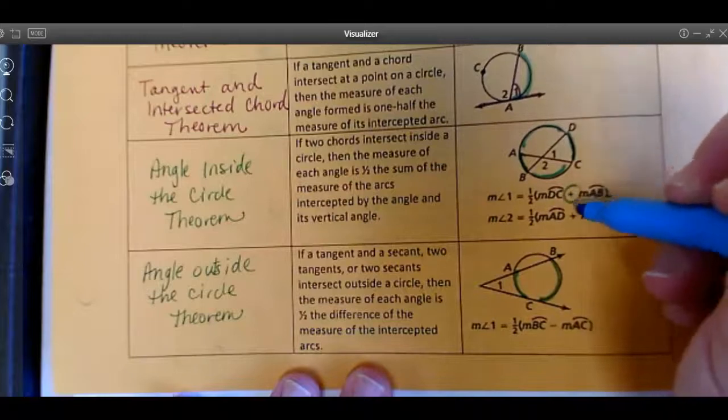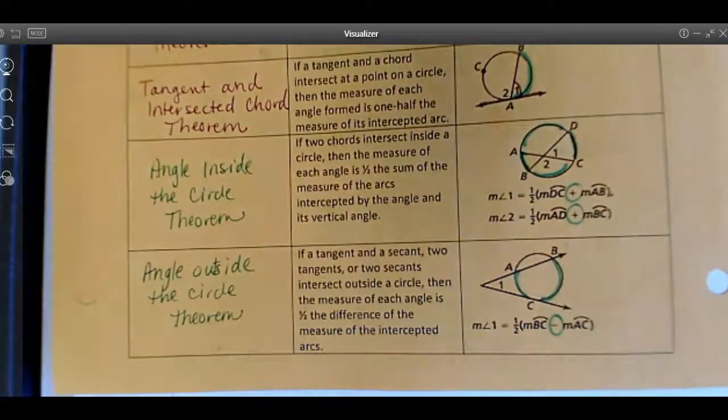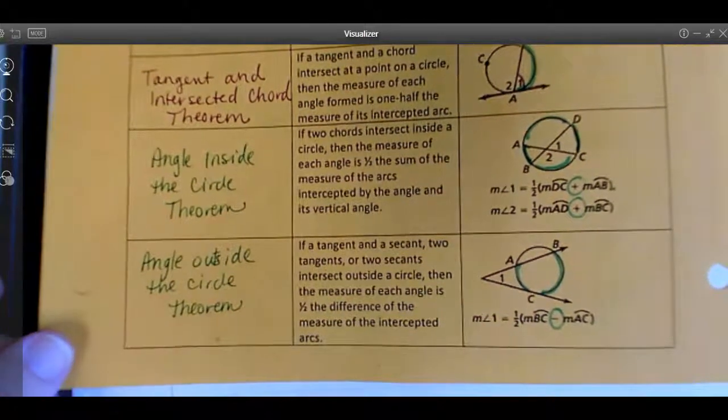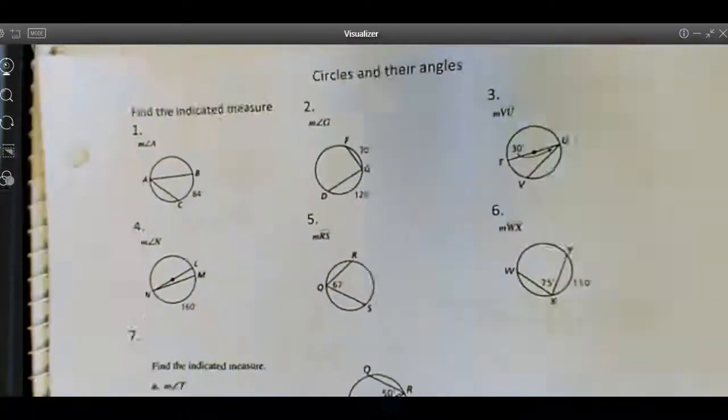So up here I add them, here I subtract them. That's the difference between these two. Looking at the picture and looking at the formula will help you as you're doing these problems. Alright, so keep those out, because you're probably going to want to come back to the formulas as we do some problems here.